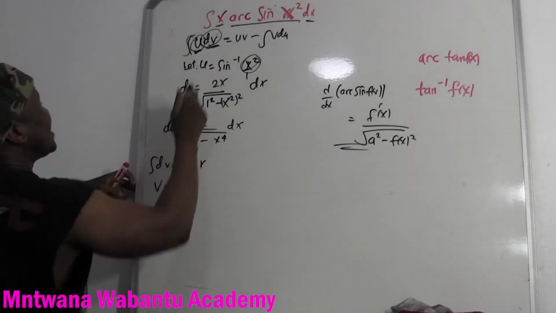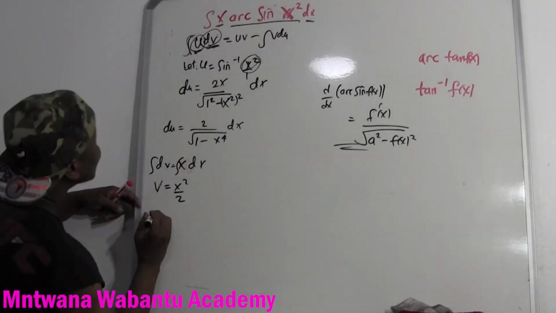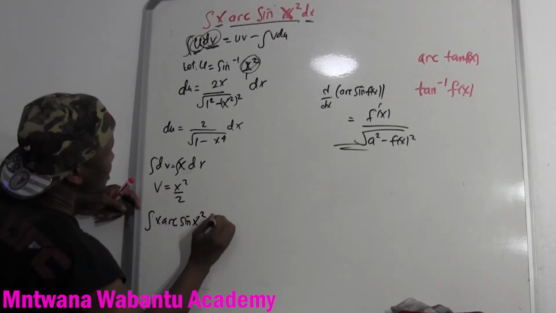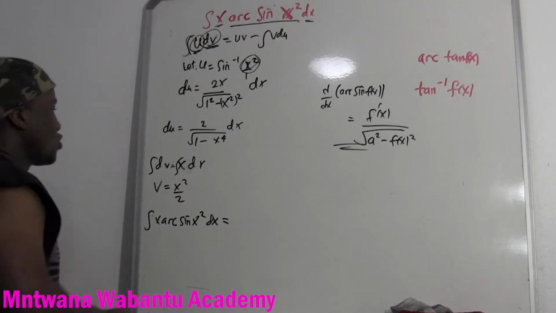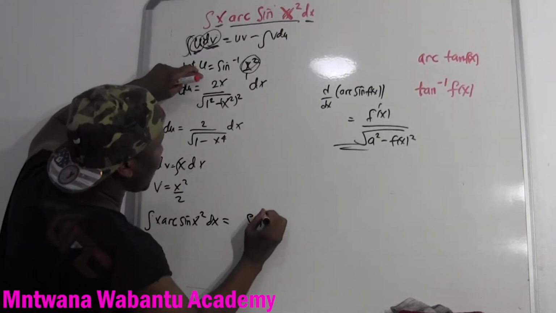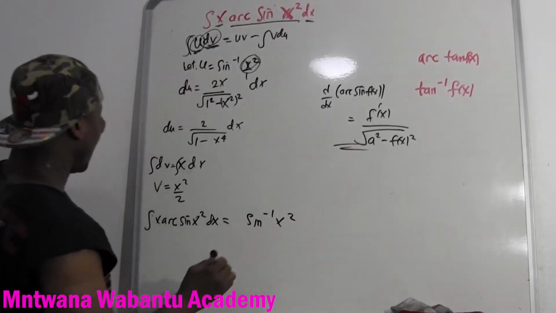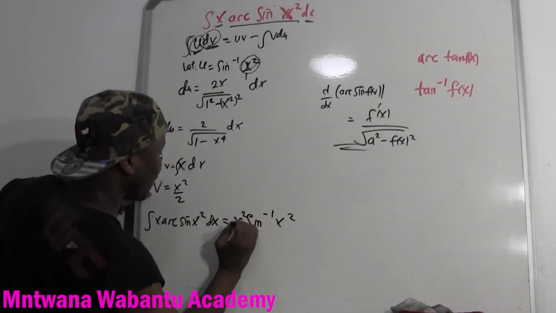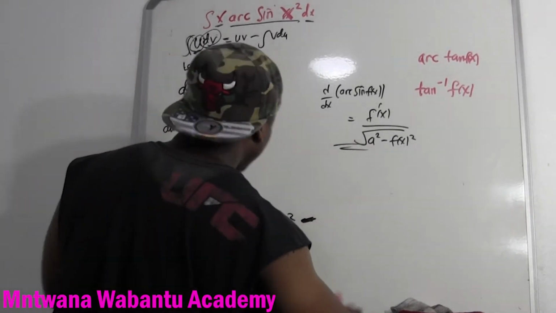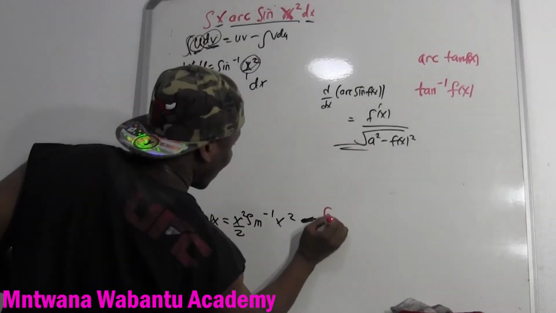So now it's the integral of u dv, which is the given one. The integral of x times arcsine of x squared dx equals uv. What is u? Our u is the inverse sine of x squared, times v, which is x squared over 2, minus the integral of v du.